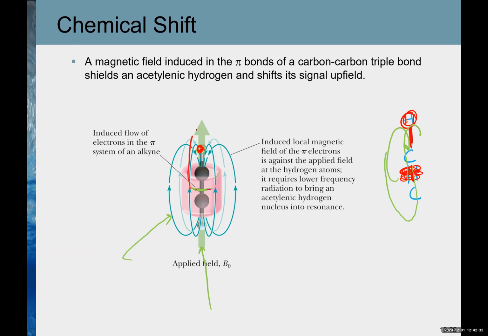If you see the ring current where the hydrogen is, are they opposing the external field, or are they aligned with it? If you see the direction, the ring currents are opposing it, opposite. So if they are opposite to the external field, hence they are shielding it.